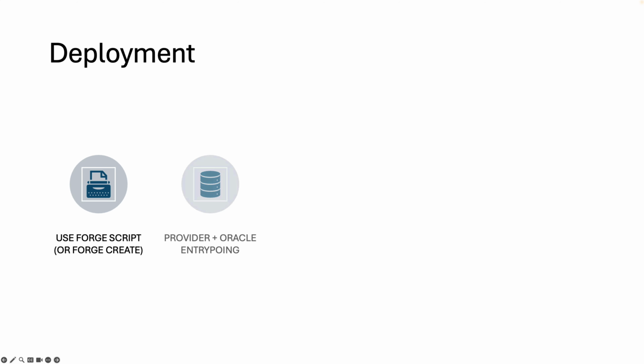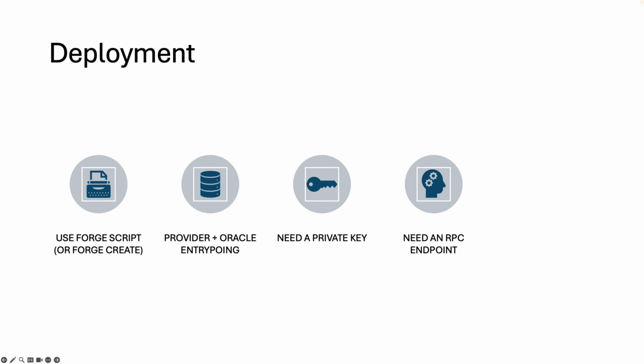So we'll create a new script. Then we'll get the provider and Oracle entry point from our Oracle website. I'm going to show you that. Then we're going to create a private and public key pair, which we're going to fund. We're going to need an RPC endpoint to actually send the transaction to. I'm going to show you where you can get one, and we will also take care of verifying the contract on chain.